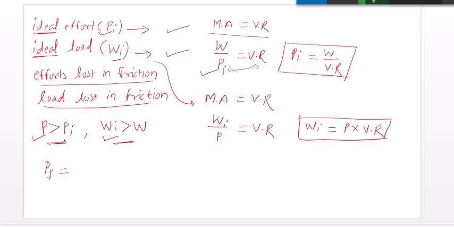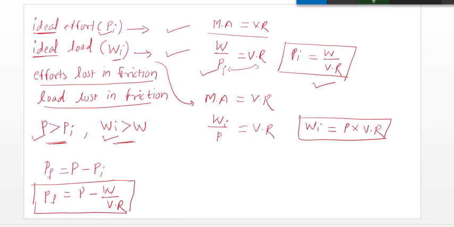As actual efforts is more, take actual efforts first, minus PI. Now put the formula of ideal efforts, W divided by velocity ratio. This is the formula of efforts lost in friction.